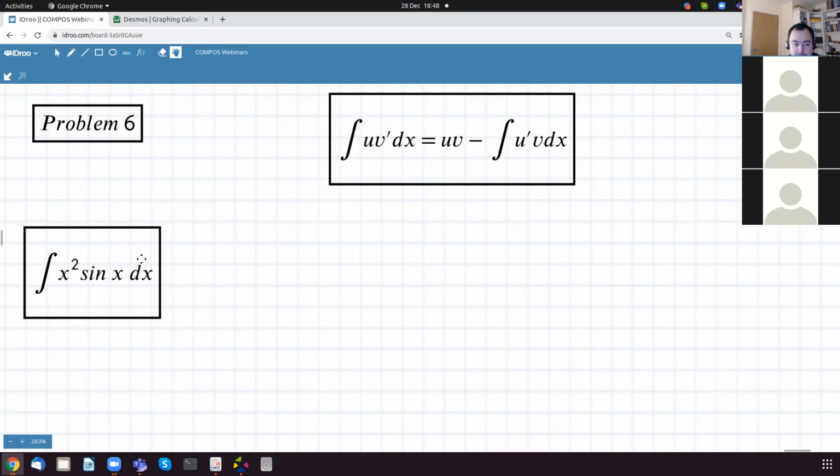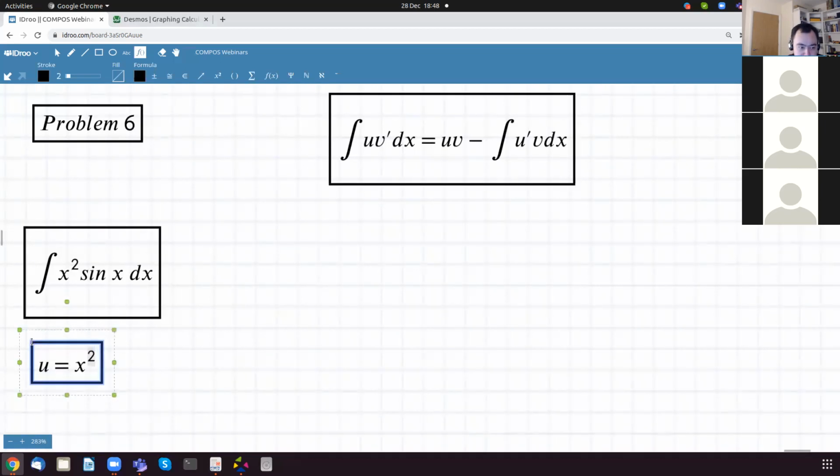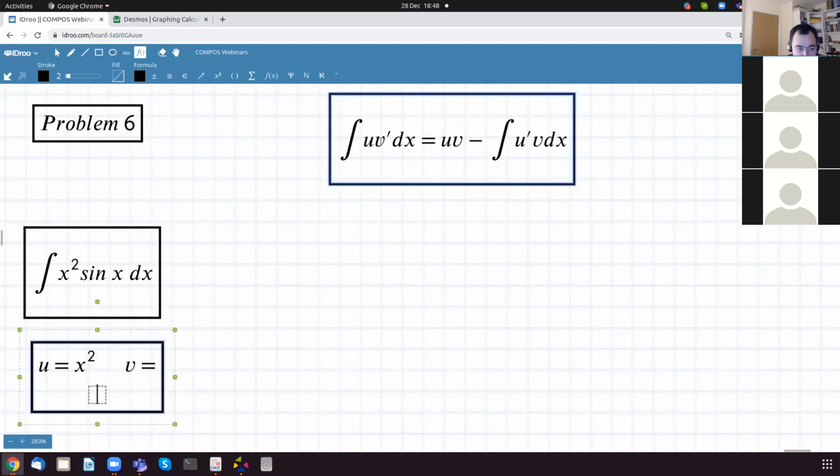Let's say u is x squared. The next one is v prime. We don't know v, but we can find u prime. u prime is 2x. And we know that v prime is sine x.